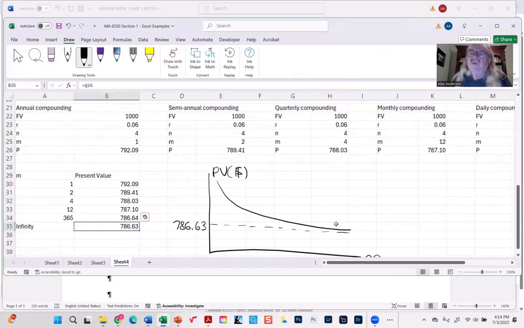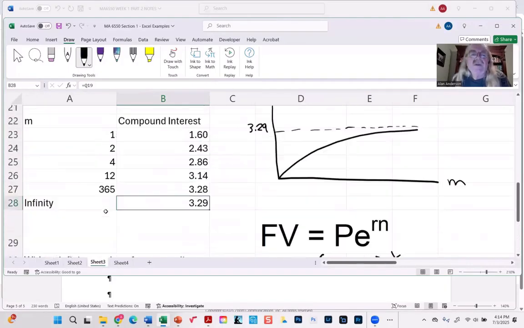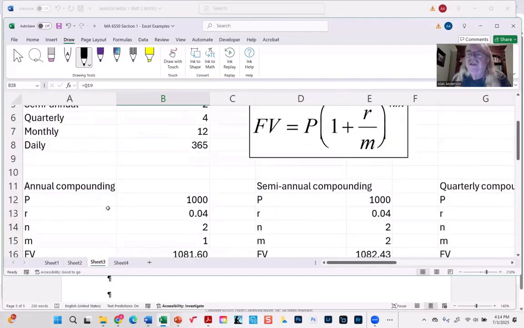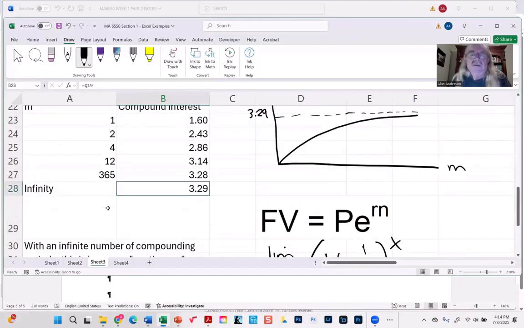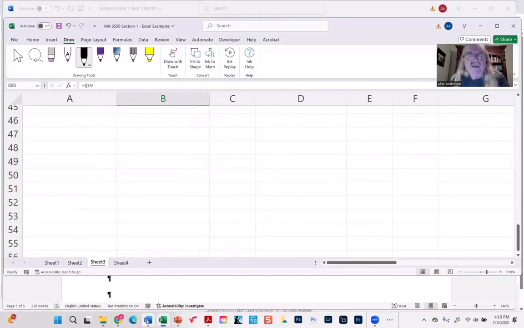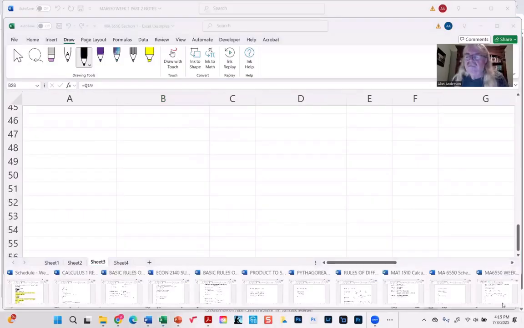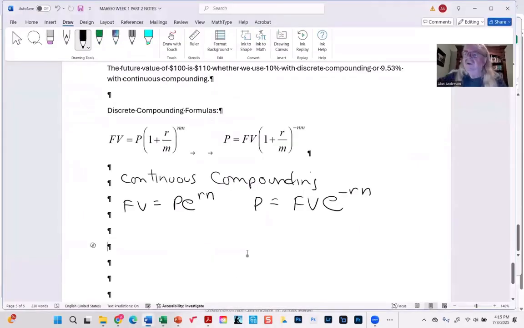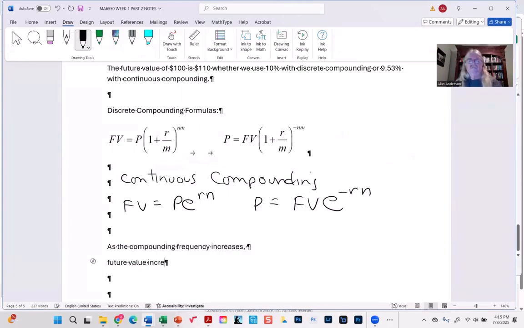Now, the big question is why? The future value goes up when we increase the compounding frequency, and the present value goes down. So here's what's going on with that. As the compounding frequency increases, the future value increases, and the present value decreases.